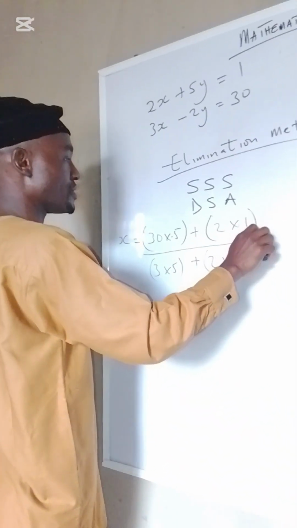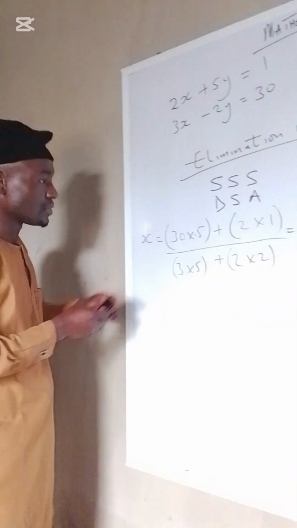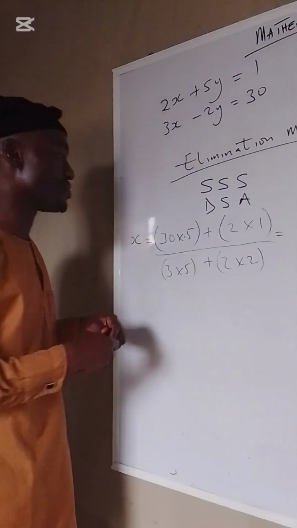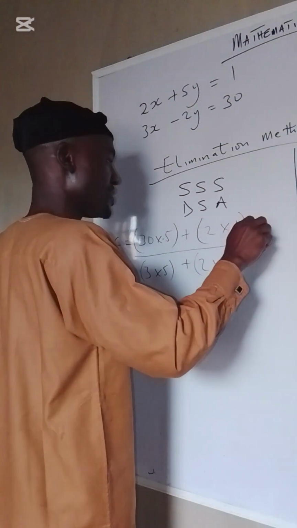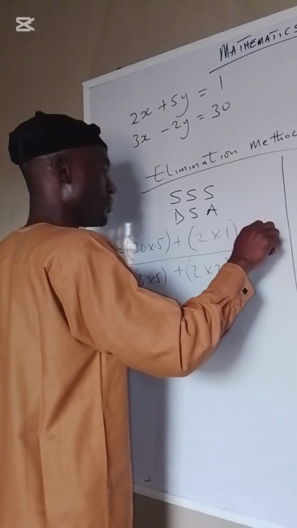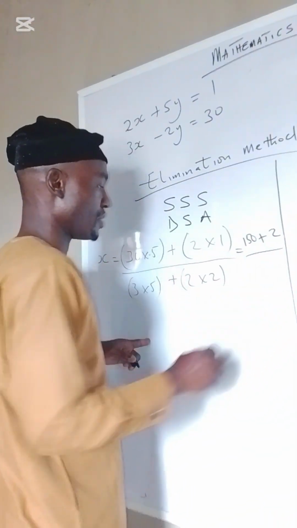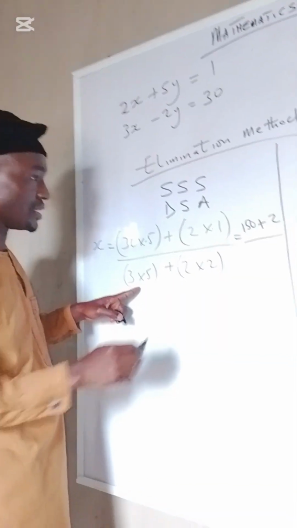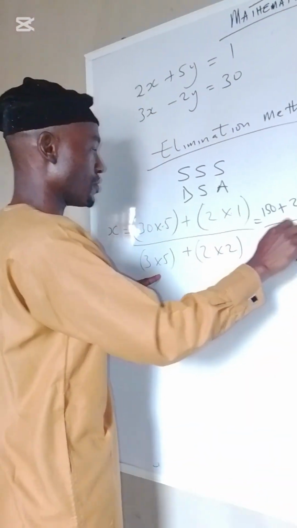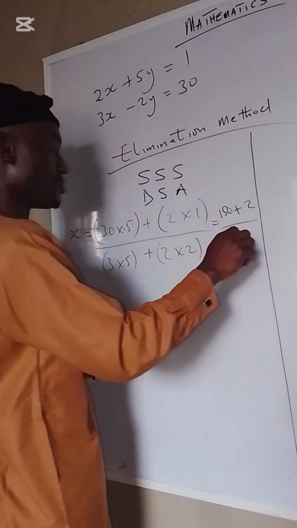So having known this, 30 multiplied by 5 will give us 150, if I'm not mistaken. 150 plus 2 multiplied by 1, 2, divided by 3 times 5, 15, plus 2 multiplied by 2, 4.